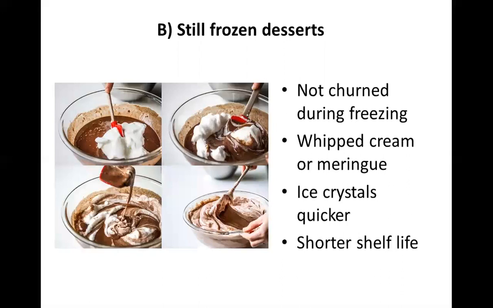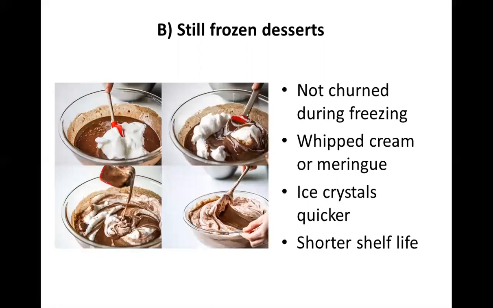Still frozen desserts means that the mixture is not churned during freezing. So once the mixture is made, this mixture is not churned in a machine. Directly it is kept in the deep freezer for freezing.